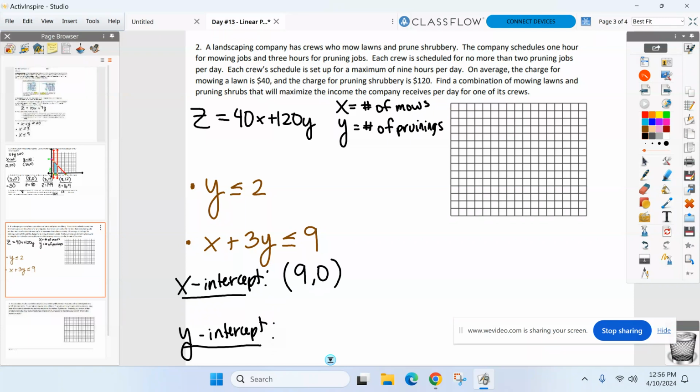Okay, I'll let you just try this. 9 and 3. Okay, so we can get away with going by ones, no problem.